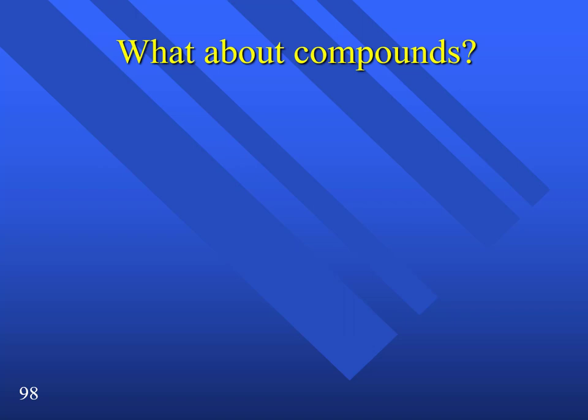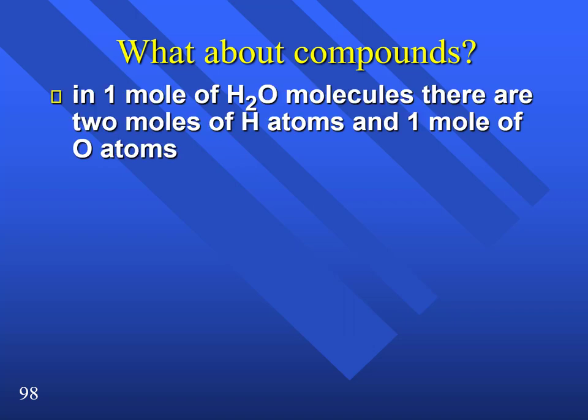In a mole of water, there are 2 moles of hydrogen and 1 mole of oxygen. Does that make sense? Because in one water molecule, there'd be 2 hydrogen atoms and 1 oxygen atom. In a dozen water molecules, there would be 2 dozen hydrogens, 1 dozen oxygens.